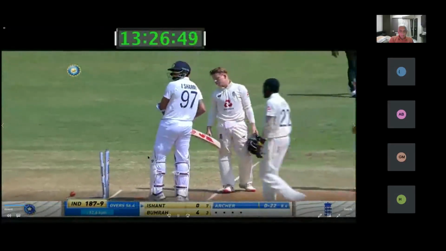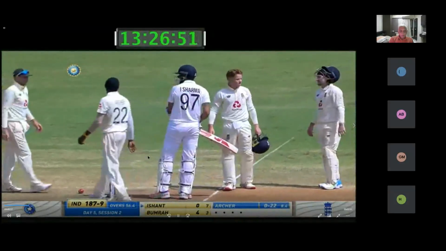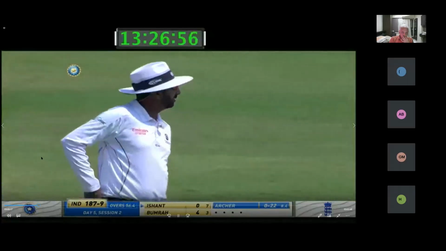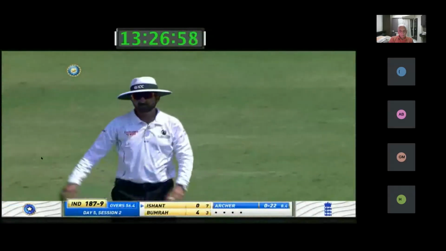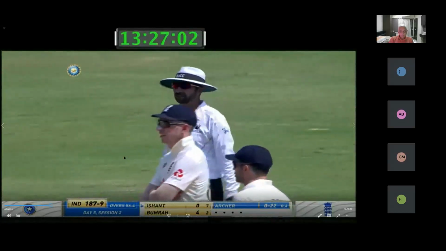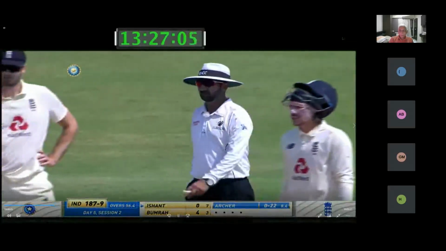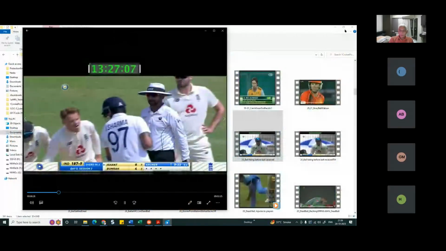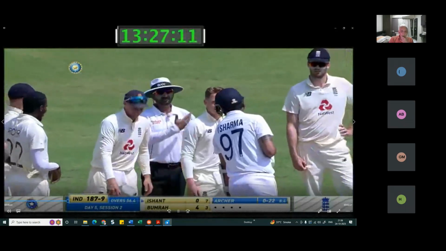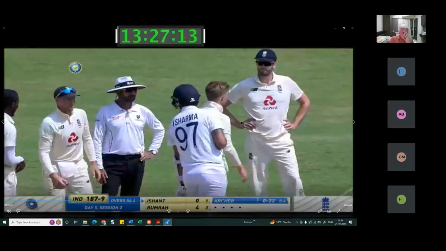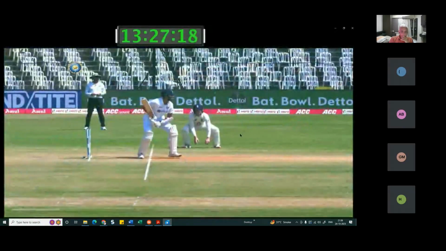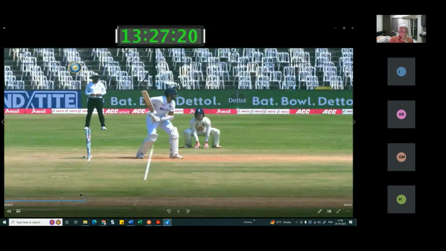It's a hit wicket. Always check. So you refer hit wicket? Refer hit wicket. Yeah, copy that. Checking hit wicket. Third umpire will check. It's a fair delivery. Give me the best side on for hit wicket, please. Technology will give you everything.